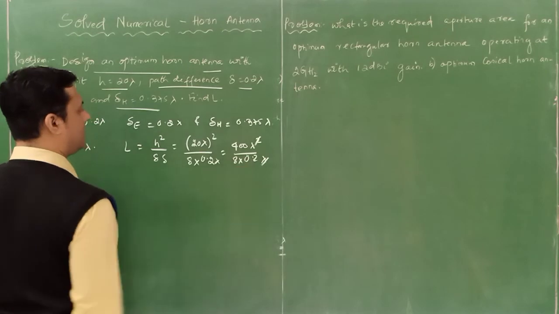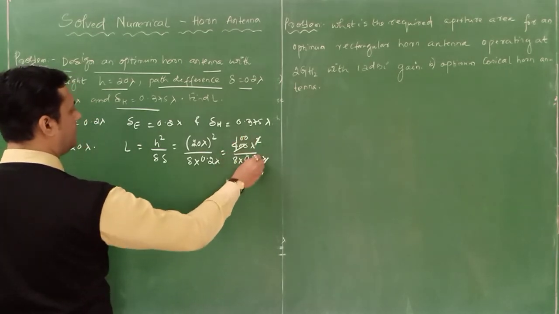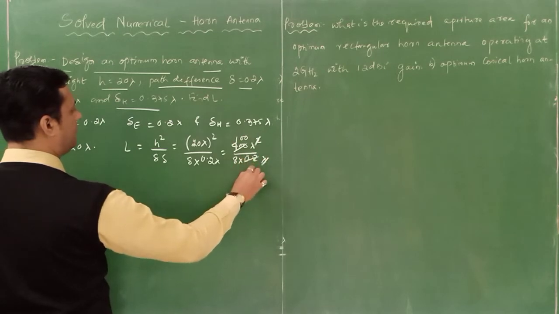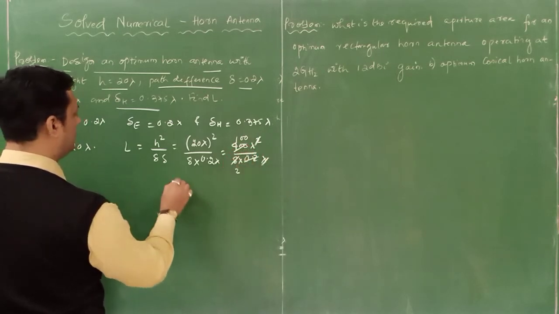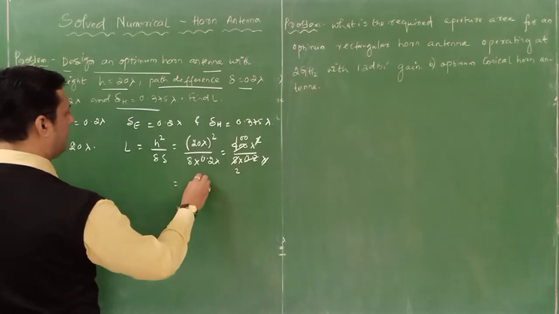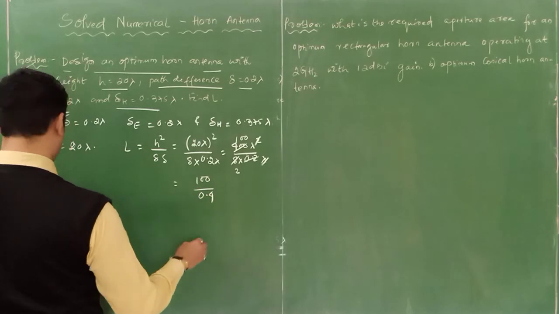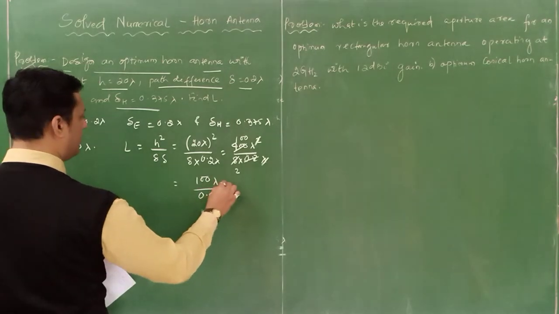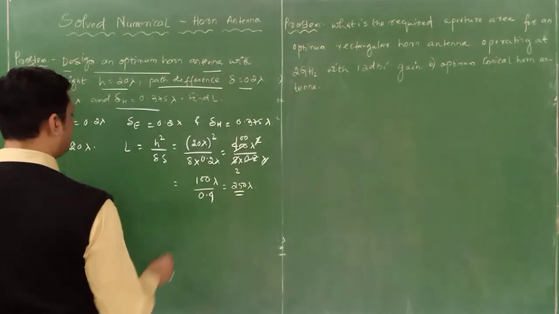So this lambda cancels out. Near about this is 100 divided by 0.4, and we will get 250 lambda.